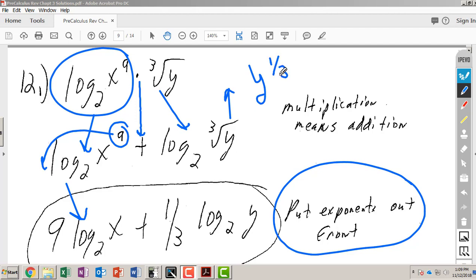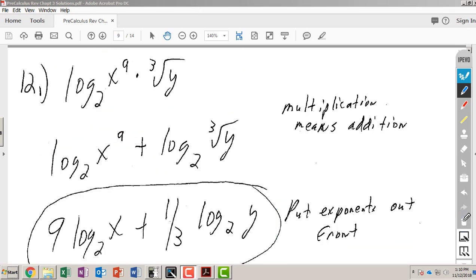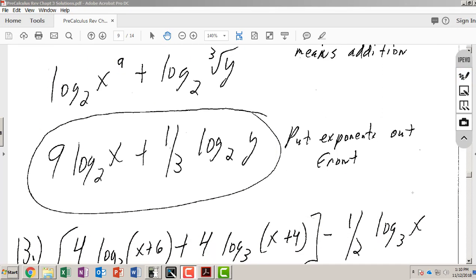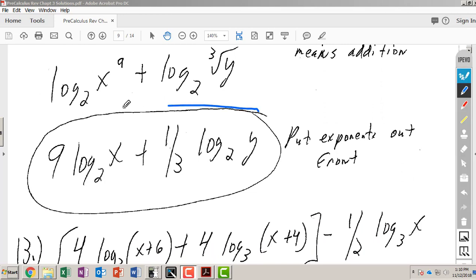Remember, all of your roots are actually fractional exponents. So that 1/3 is going to go out front also. That becomes 1/3 log base 2 of y. And that's how you expand out your logarithm. You end up with your answer of 9 log base 2 of x plus 1/3 log base 2 of y.